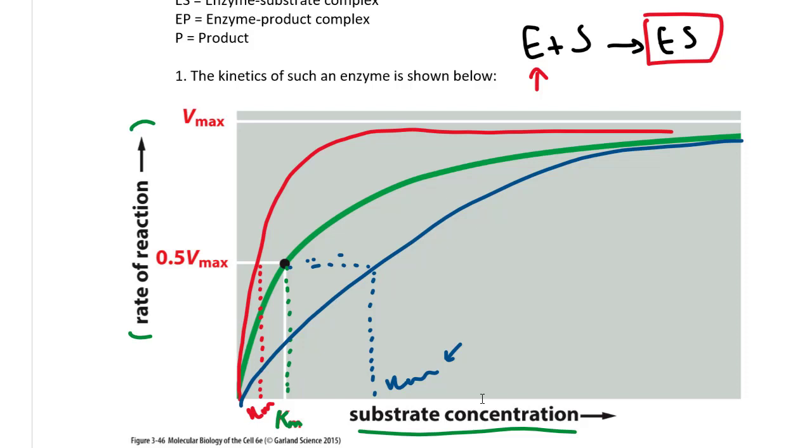And that's all that is saying. So the lower the Km, meaning that you're moving in this direction, the higher the affinity of the substrate for the enzyme. Whereas a higher Km, which means moving in this direction, means that the affinity of the substrate for the enzyme is less.